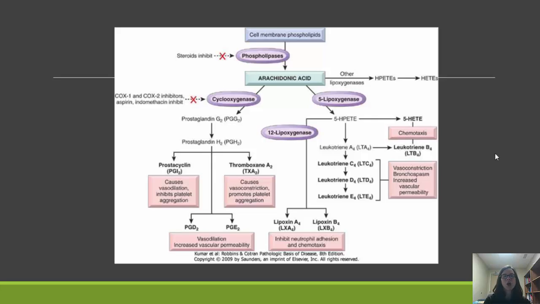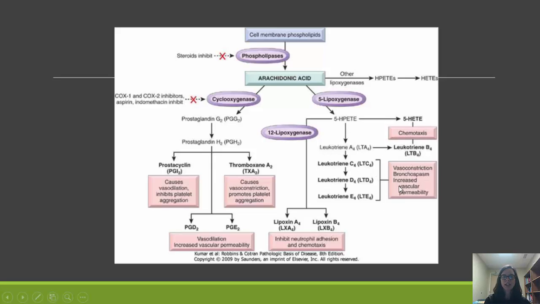Okay, so this is just putting together what we saw. We have our cell membrane phospholipids. We have our phospholipases that remove the arachidonic acid from the cell membrane, and then we have our arachidonic acid, okay? So it can go one of two ways. It can go down the linear pathway with 5-lipoxygenase and produce these leukotrienes here.